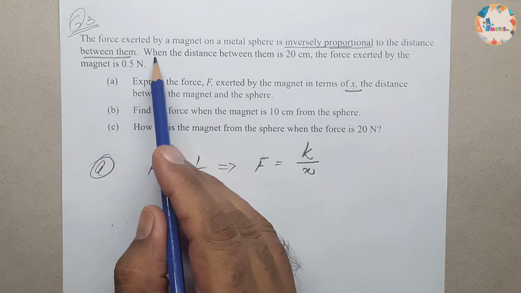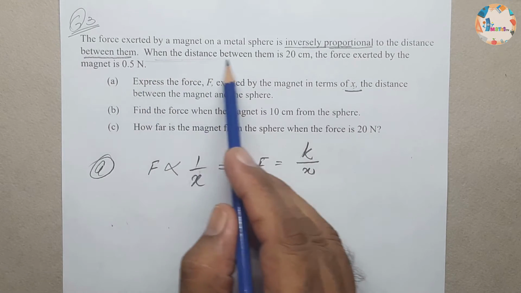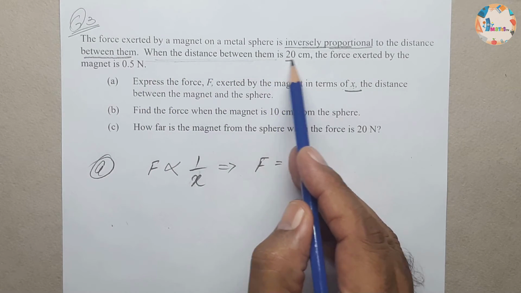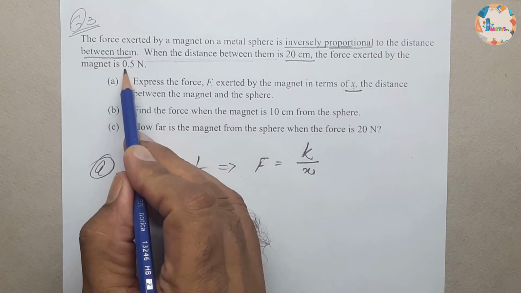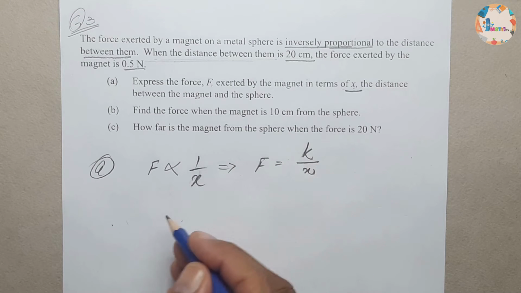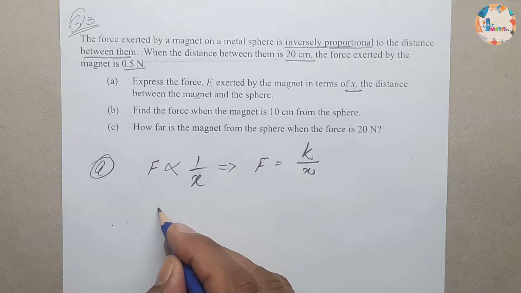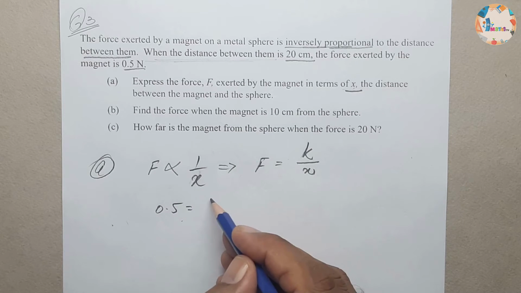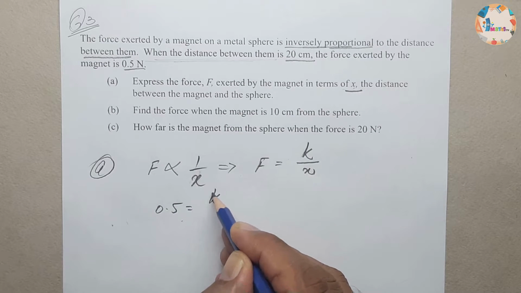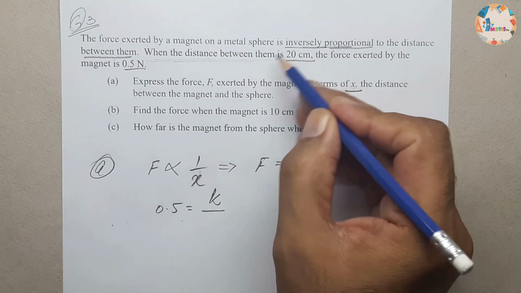Now for this one, they are giving us that when the distance between them is 20 centimeters, the force exerted by the magnet is this one. So we can replace this. F will be 0.5 Newton. F is equal to k over x, and the x value is 20 centimeters.